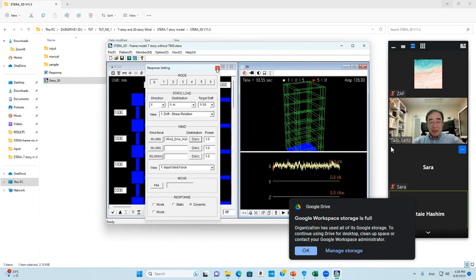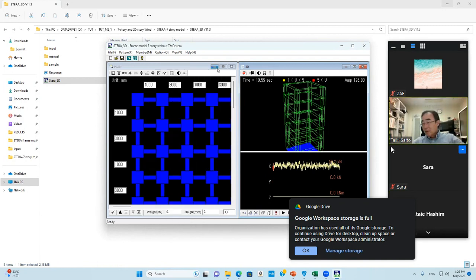Lumped-mass model. But it's just theory data input. It has to work. I don't know.